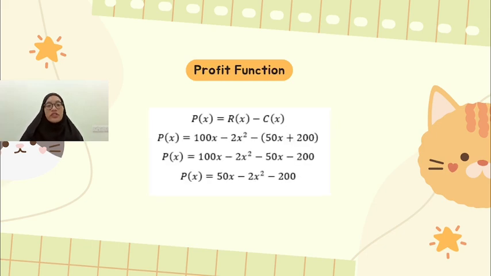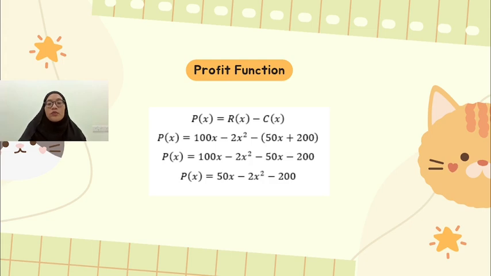Next, the profit function. As we know, the formula is P(x) equals R(x) minus C(x), so it is revenue minus cost. We put the functions into the formula. It will become P(x) equals 100x minus 2x squared minus (50x plus 200).